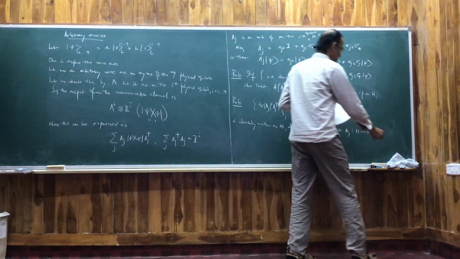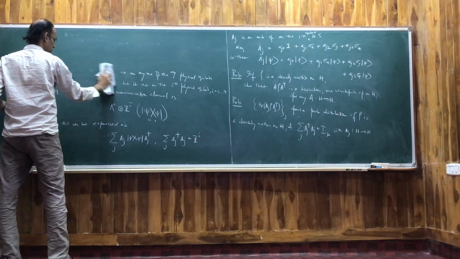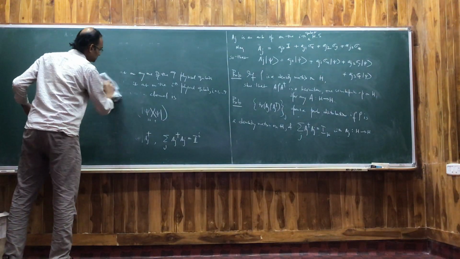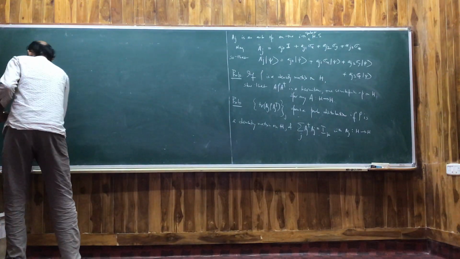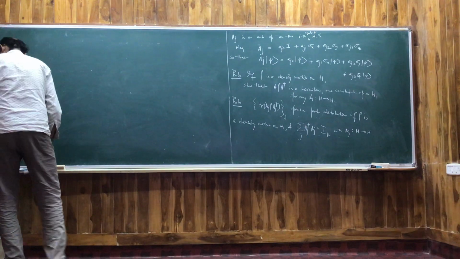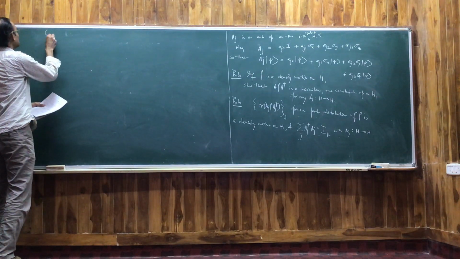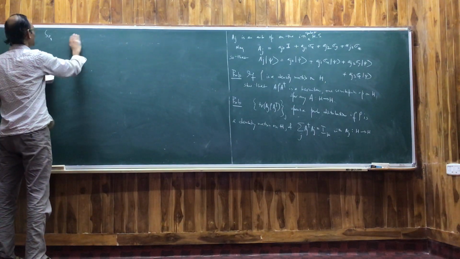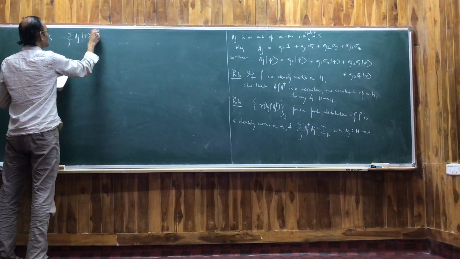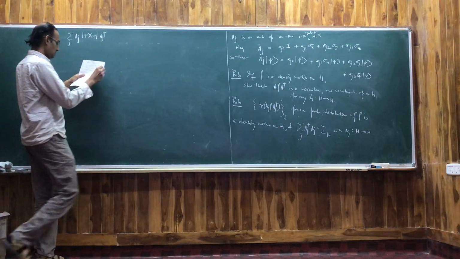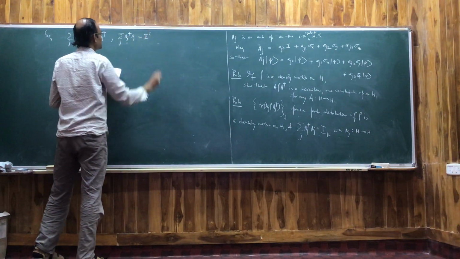So, rub this off. This thing that we wrote before, the state after the error, this A_j psi A_j dagger, with the sum of A_j dagger A_j as the identity on the ith space.